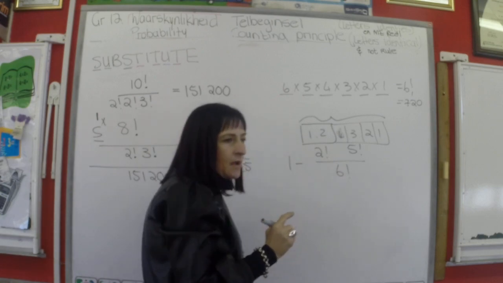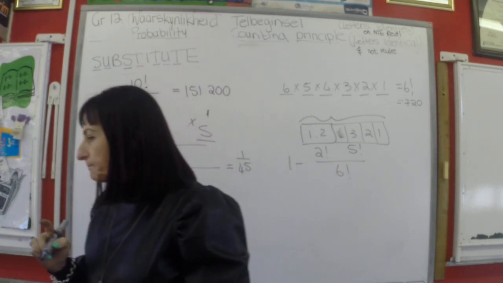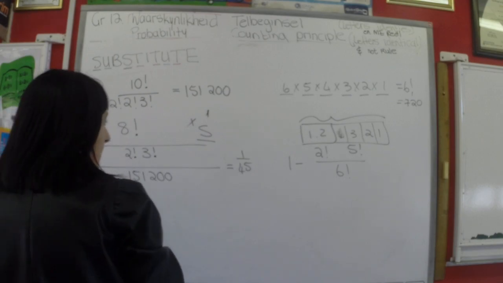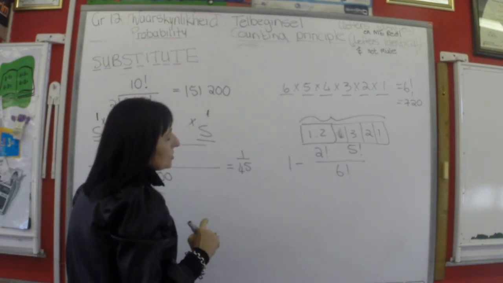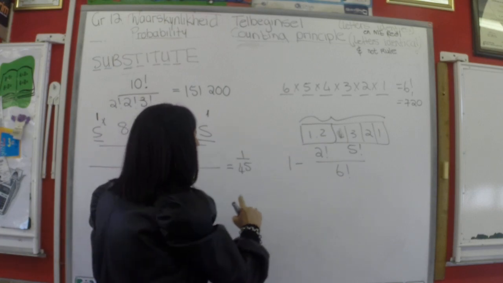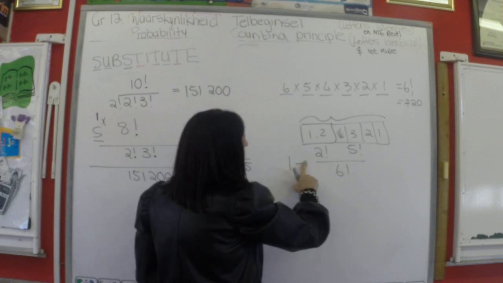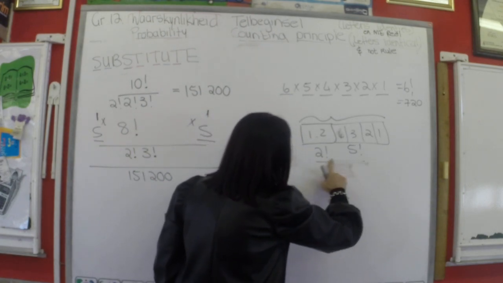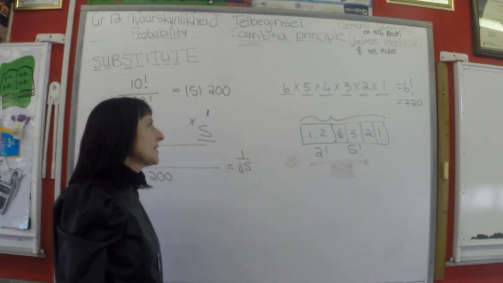Want onthou, waarskynlikheid, the question is, okay, in this case, this question was not probability. The question was simply, give the arrangements, the possible arrangements. Ekskuus, dit was nie waarskynlikheid nie.